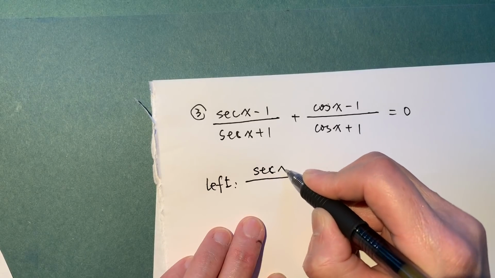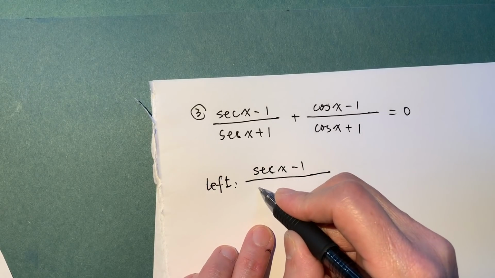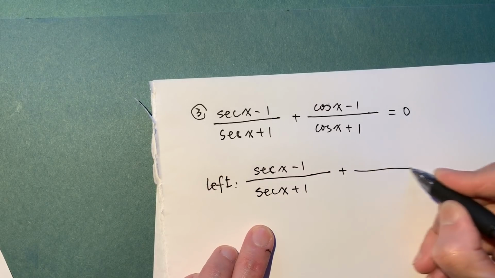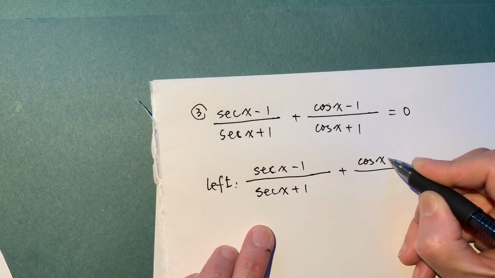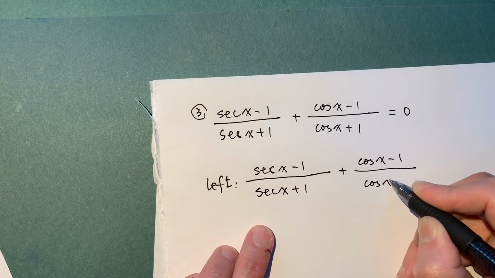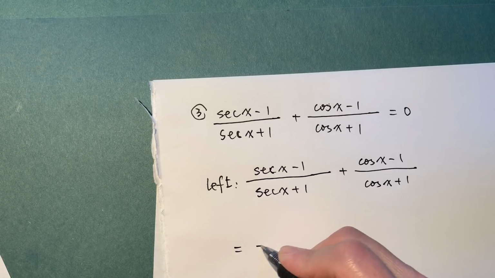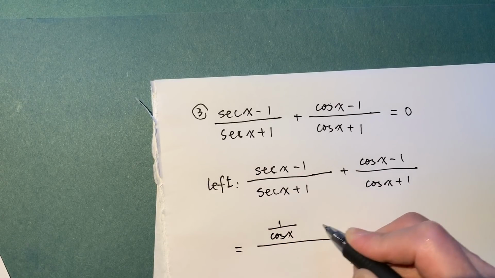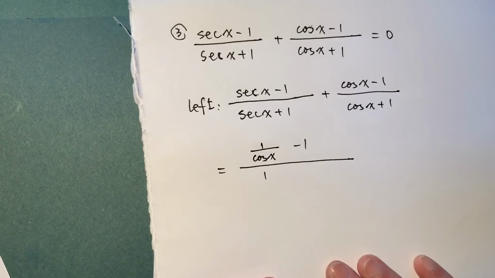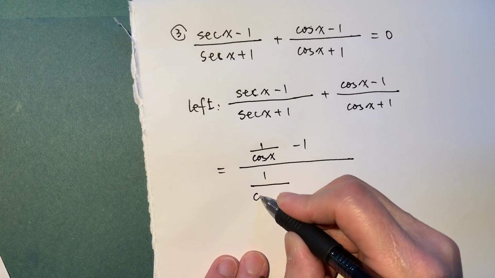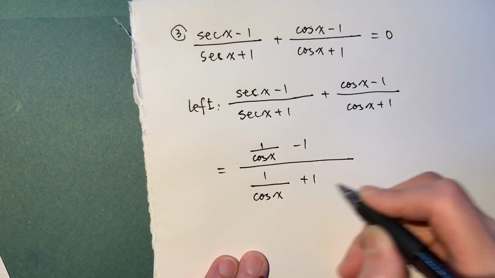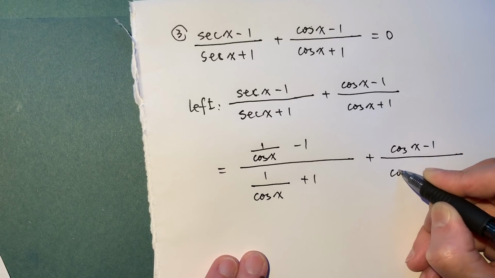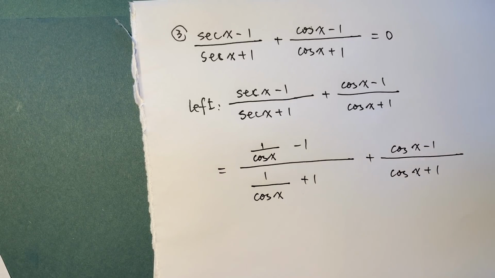Secant x minus 1 over secant x plus 1 plus cosine x minus 1 over cosine x plus 1 equals, secant is 1 over cosine x minus 1, over 1 over cosine x plus 1, plus cosine x minus 1 over cosine x plus 1.